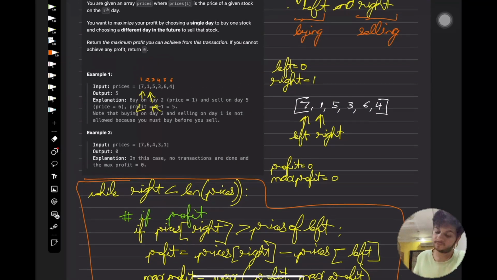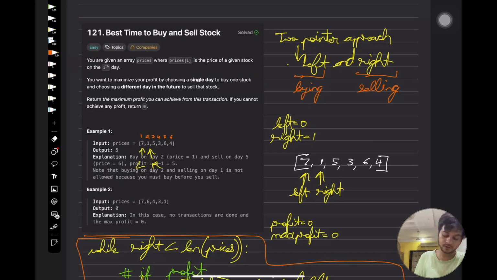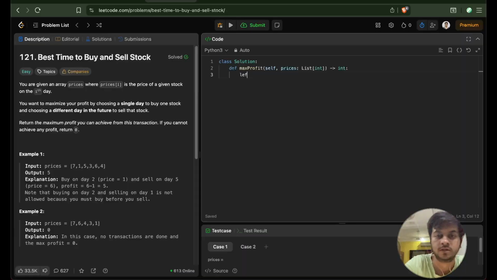And we have solved it using the approach of two pointers. First, I will make my left pointer, and then I will make my right pointer in the first position.